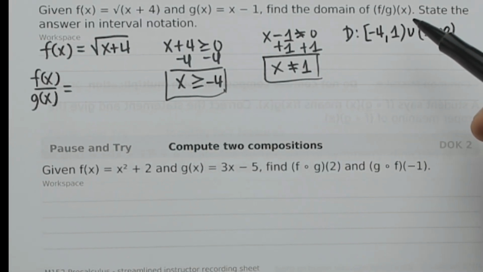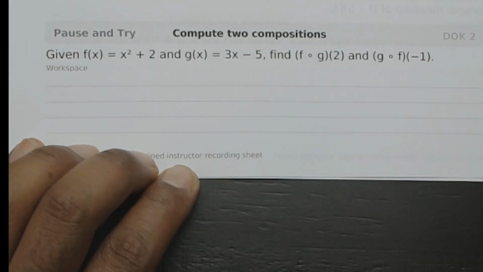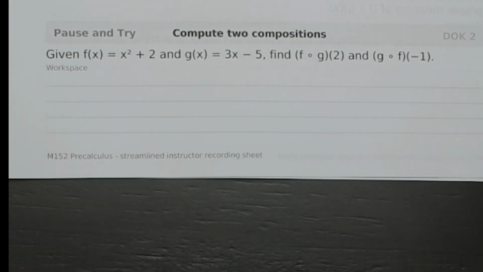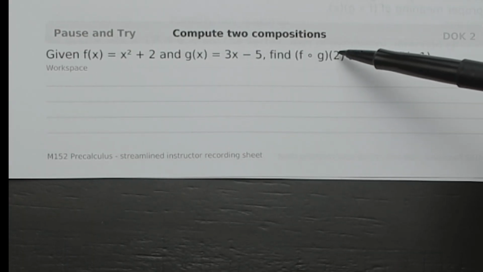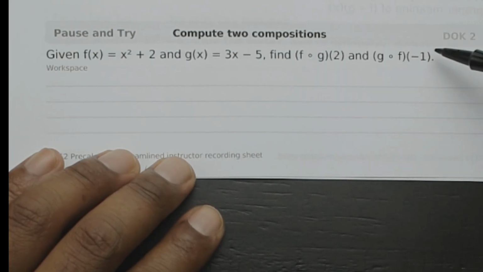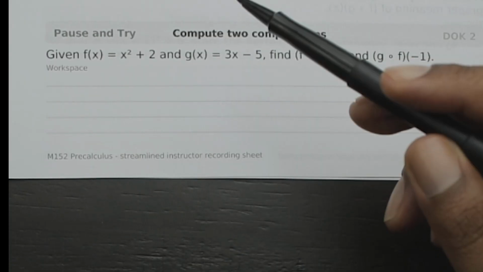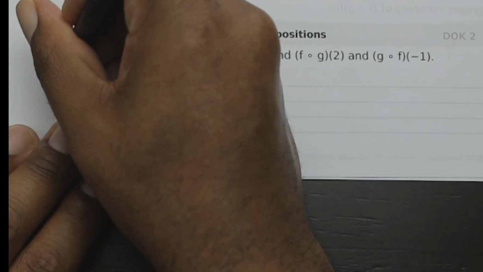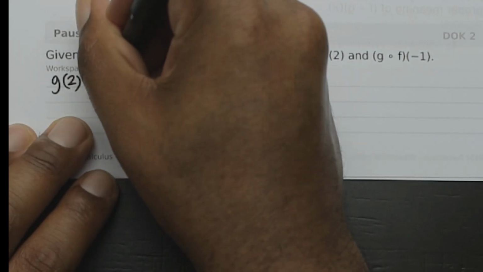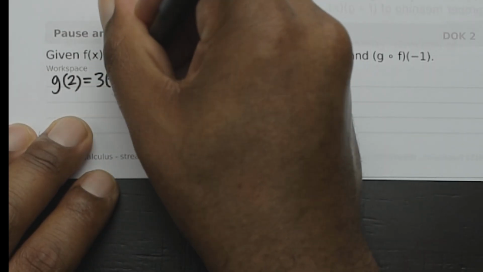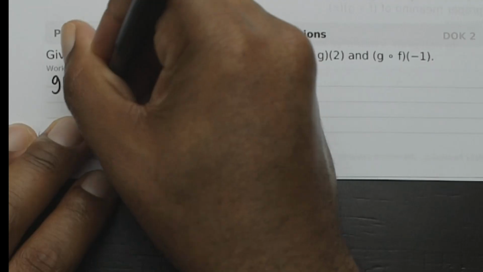Now, pause and try this problem down here. Given this and this, we have to find this expression and then also this expression. Again, this means that we're going to input 2 inside g first. So we put in 2, and this is going to be 3 times 2 minus 5, 6 minus 5, 1.